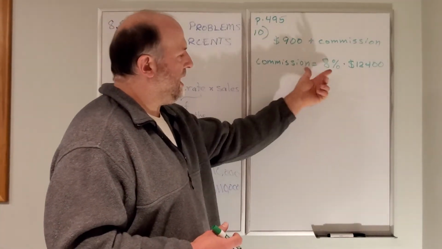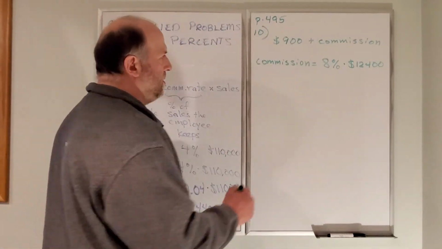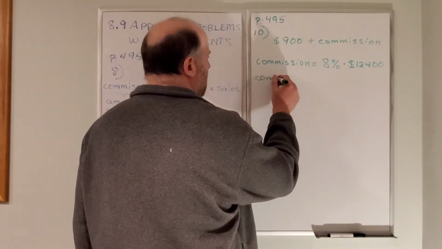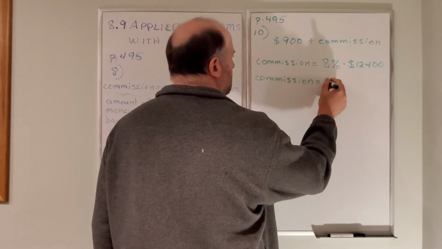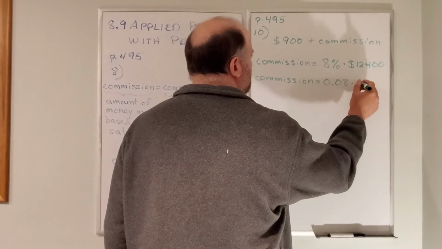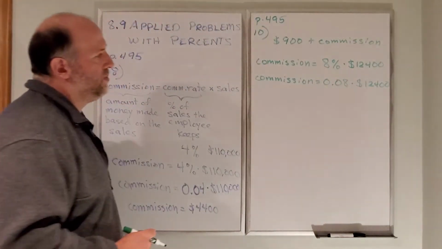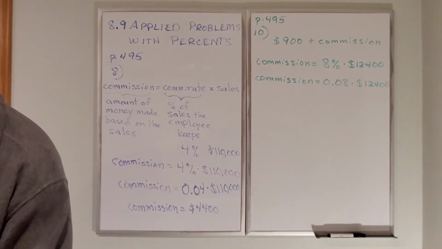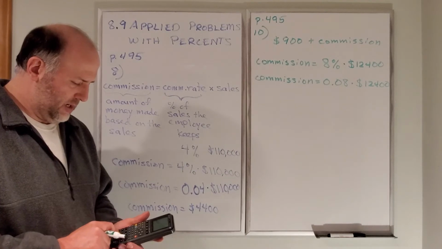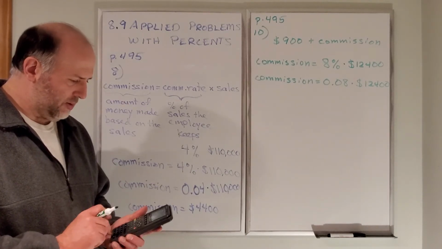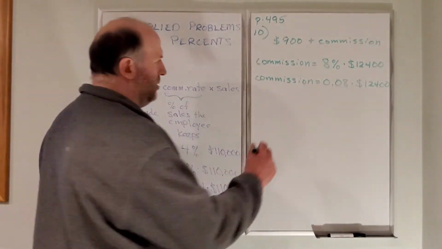So the commission aspect of problem 10 is going to be 8% times her appliance sales, or 0.08 times 12,400. So again, another very straightforward commission problem. If I multiply 0.08 by 12,400, I get $992.